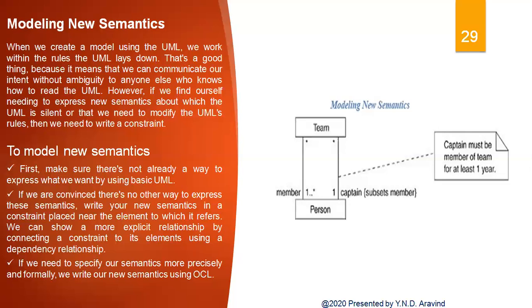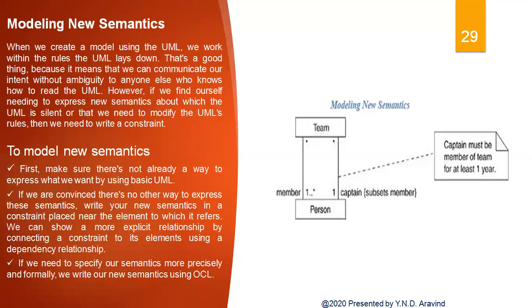We can show a more explicit relationship by connecting the constraint to its elements using a dependency relationship. If we need to specify our semantics more precisely and formally, we write our new semantics using OCL.